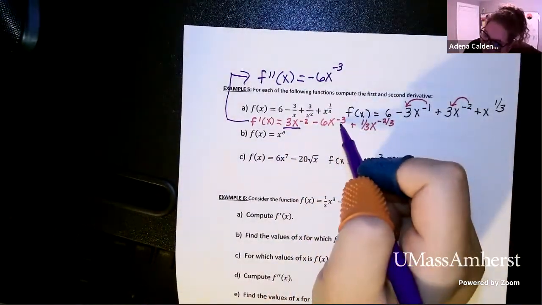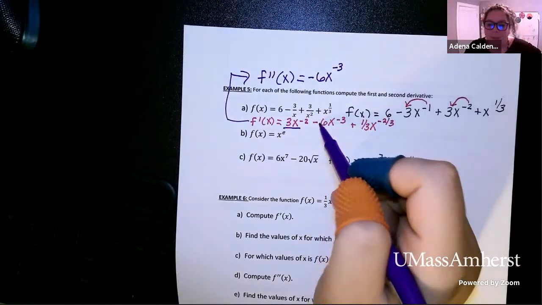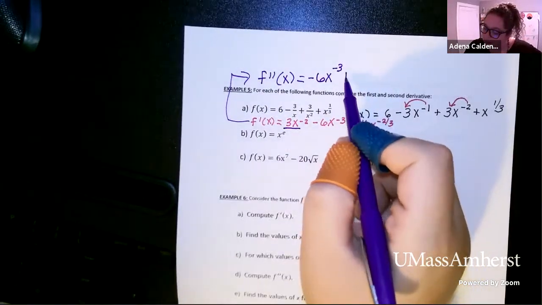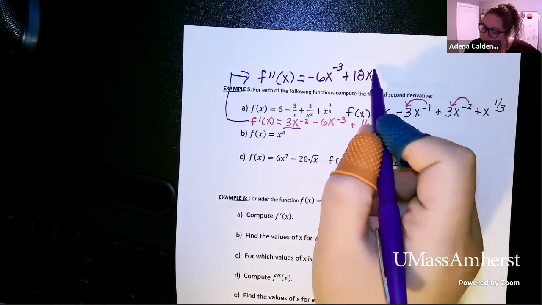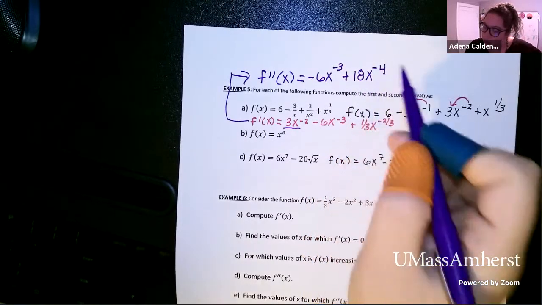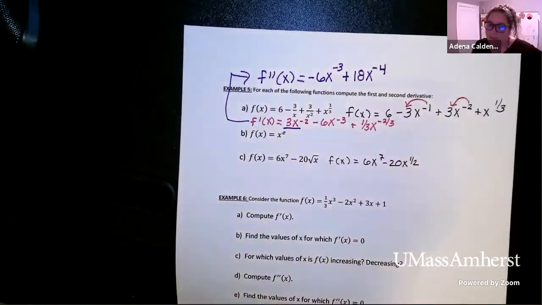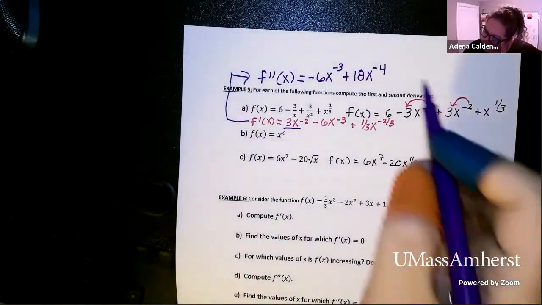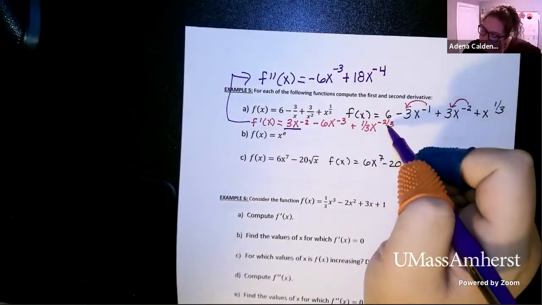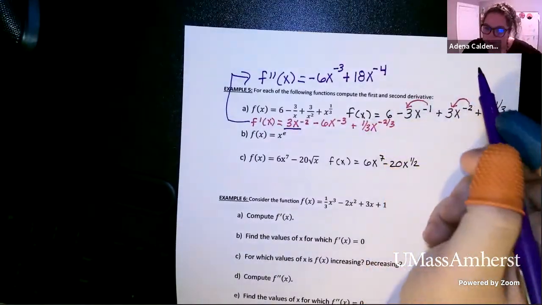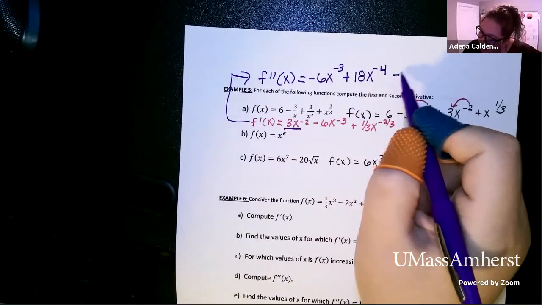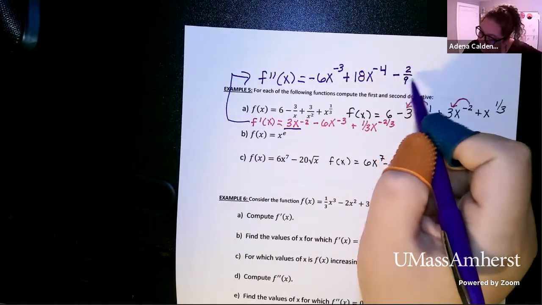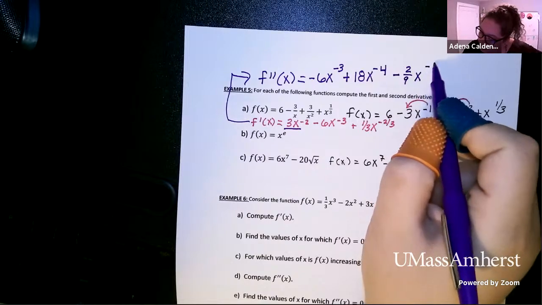For the second term, the -3 is going to come down and multiply the -6. The negatives are going to cancel. So I get plus 18x to the -4, because again, I'm subtracting 1 from the power. And then here, my -2/3 is going to come down to multiply the positive 1/3. So that's going to give me -2/9 x to the -5/3.